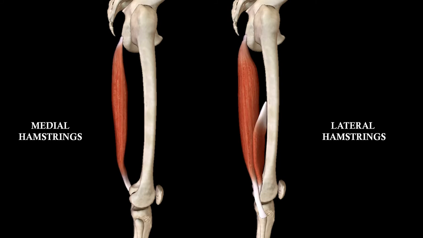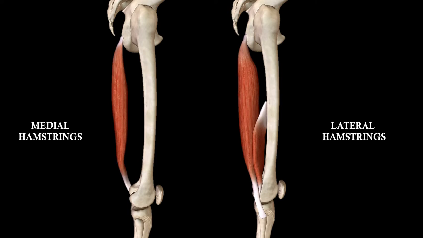Okay, let's take that a step further and look at the hamstrings. Now, this is a bizarre phenomenon where we've even found out that you can preferentially recruit the medial and lateral hamstrings.